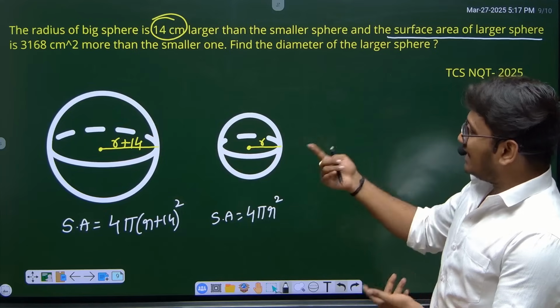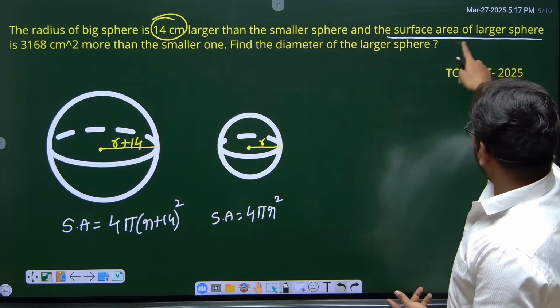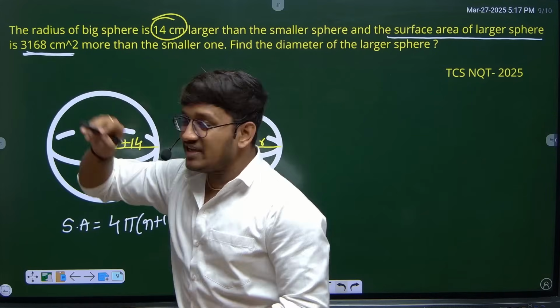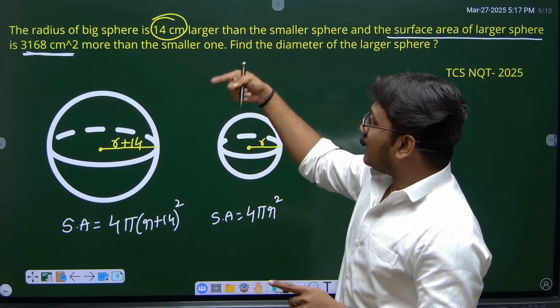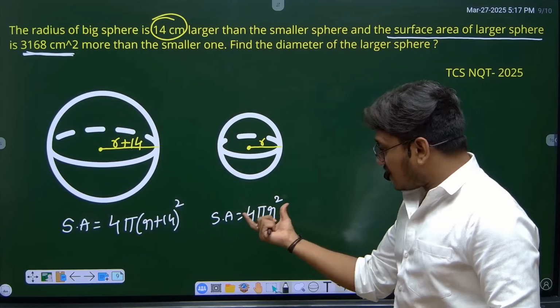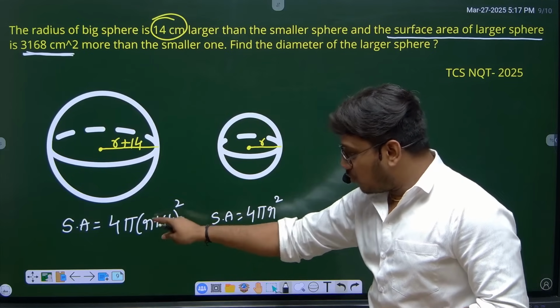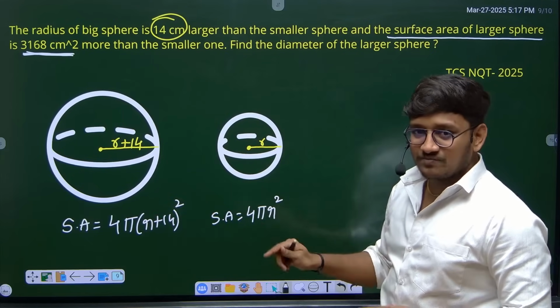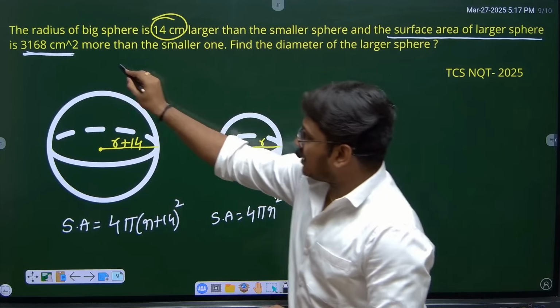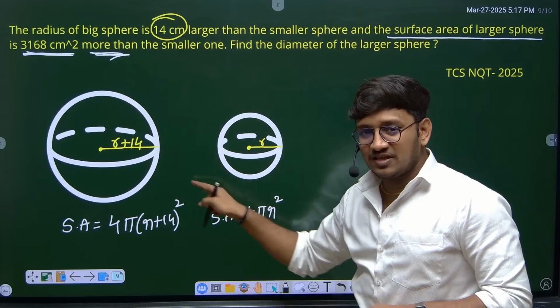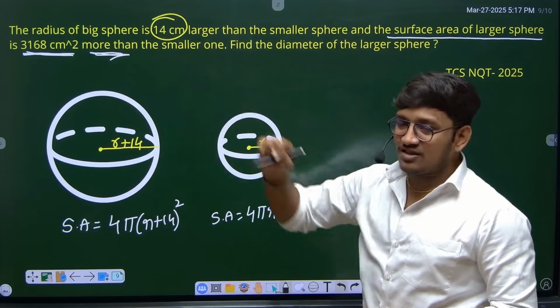Now let's take the condition: the surface area of the largest sphere is 3168 centimeters square more than the smaller one. When they mention more than, it is nothing but the difference of the surface areas of these two spheres, which will be 3168, right?